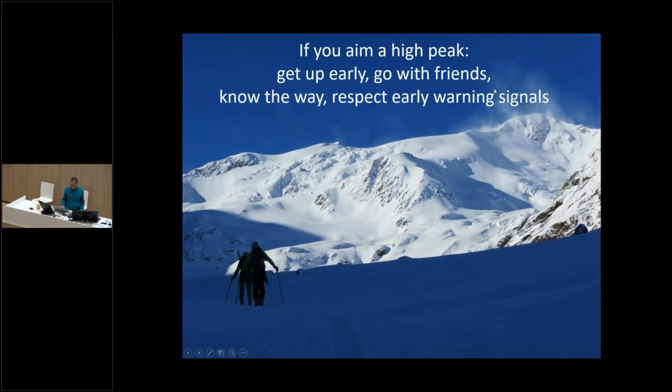It could be a warning signal. It's a wind that brings the snow in the air, but the weather forecast says there's no change of weather. It's only wind. And in that time, I hope some people go the same way, and thank you for your attention. I'm happy with questions.